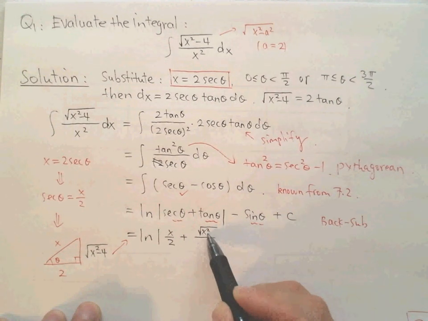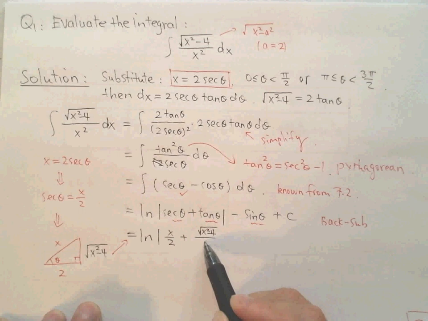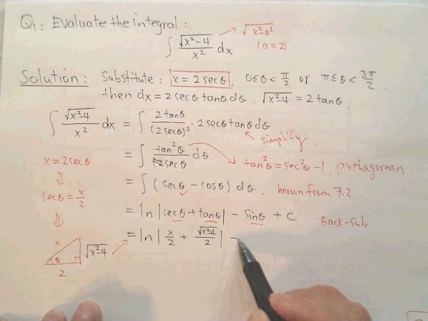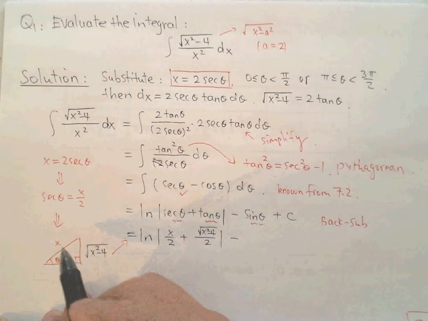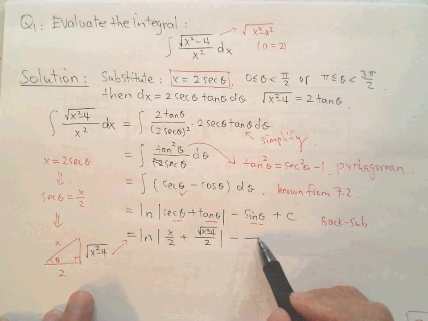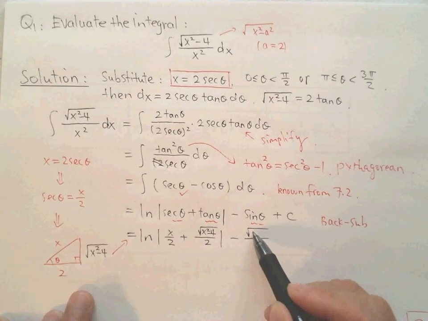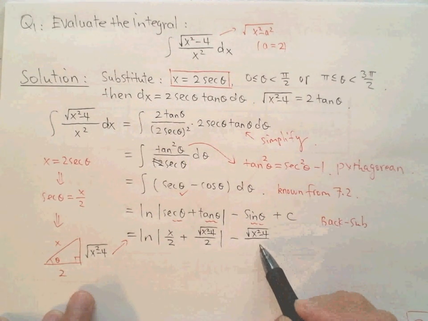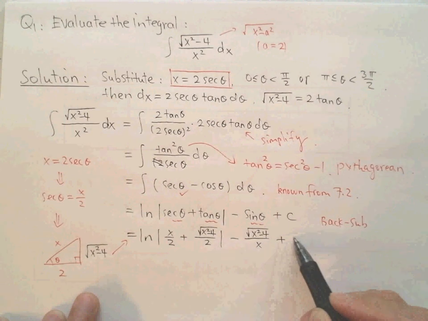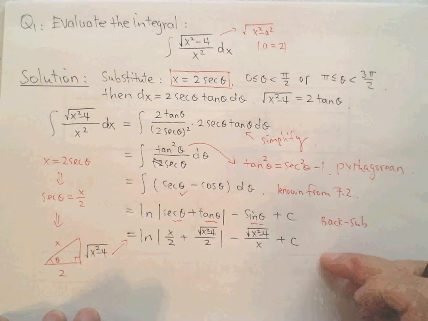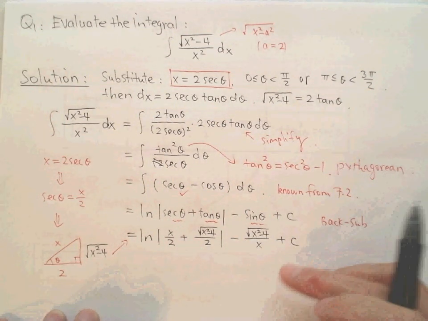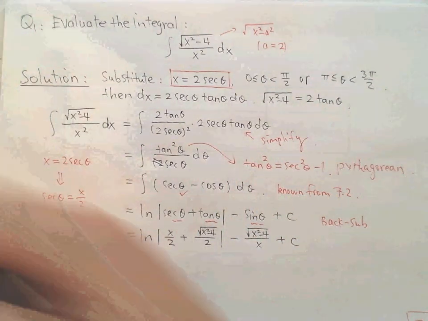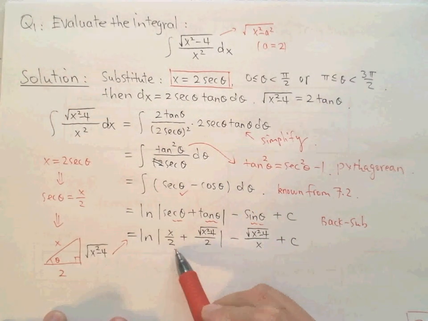This fraction is opposite, square root of x squared minus 4, over adjacent 2. Then what is sine? Sine is opposite over hypotenuse: opposite, square root of x squared minus 4, over hypotenuse x, and then plus c. You can stop here, or you can go on to simplify a little bit.